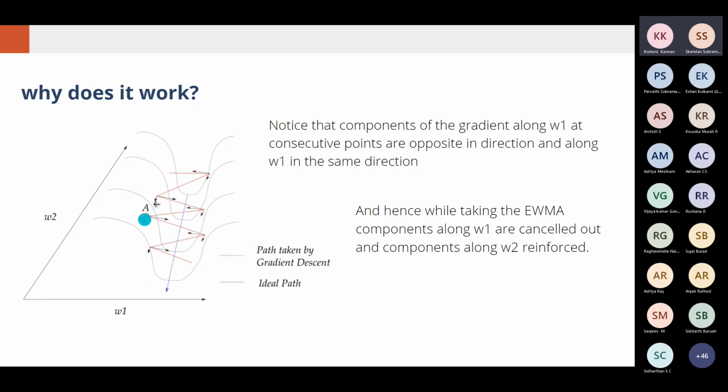And you can also see that in the direction of W2, they point in the same direction, so they're going to have a reinforcement effect. In the case of the component along W1, it may not cancel out exactly, but to some extent it will cancel out. So the bouncing effect is minimized, and you will have more straight velocity here because this component is reinforced. That is the basic principle behind momentum, and that's how it works. Is that clear? Are there any doubts?